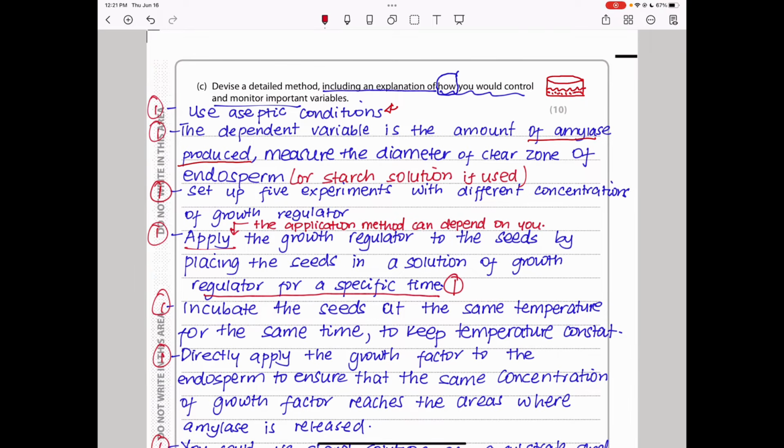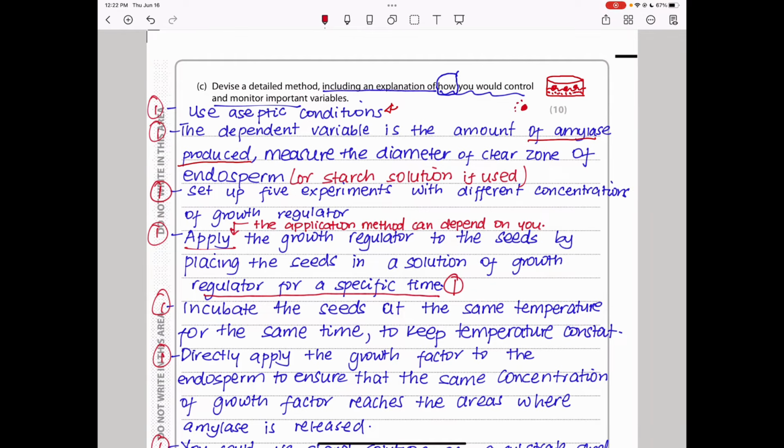And then we could soak the seeds in the growth regulator, ensuring that it's soaked up properly, and then allow the seeds to produce amylase. Put these seeds on the surface of this agar as amylase is being produced. The amylase produced is going to digest the starch within the agar, and then it will leave something like this.